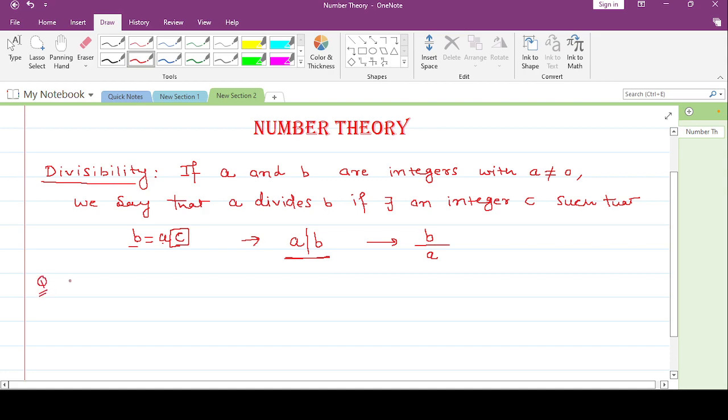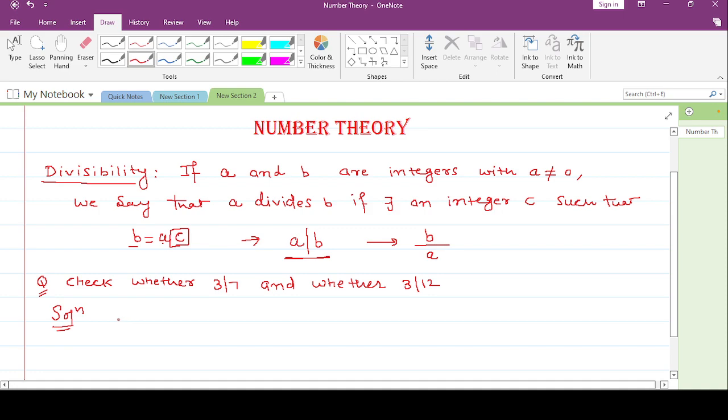the question is this: check whether 3 divides 7 and whether 3 divides 12. Solution.